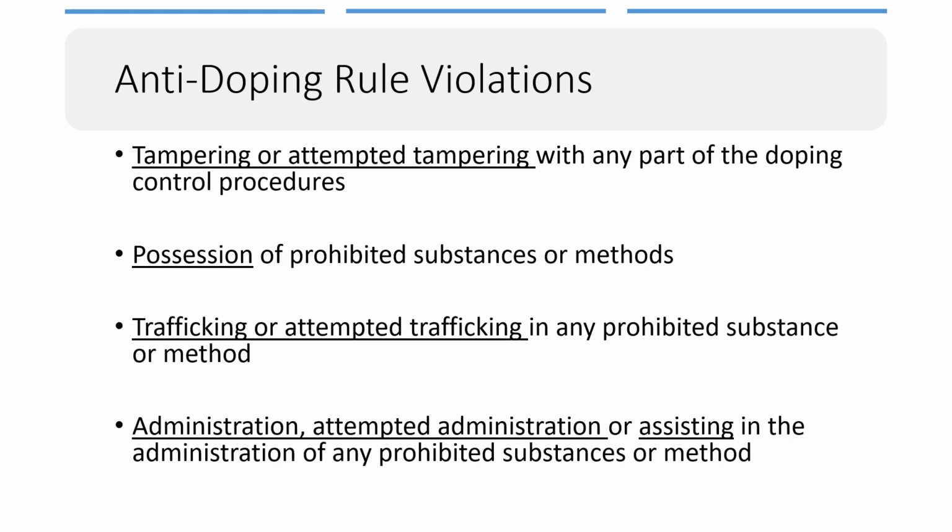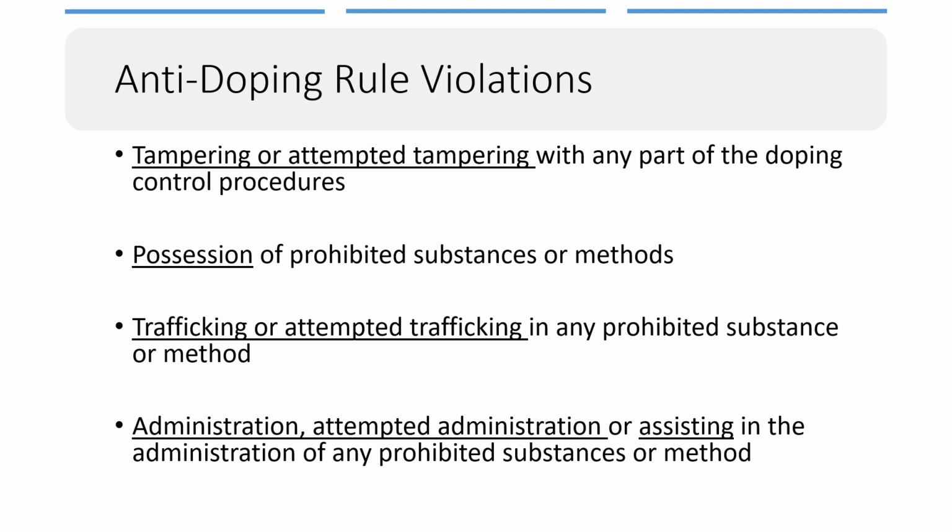Now, other than using, attempting to use, or actually testing positive for substances, there are also other ways in which you can violate the anti-doping rule, including tampering with or attempting to tamper with any aspect of the doping control procedures, as well as the possession of prohibited substances or methods.